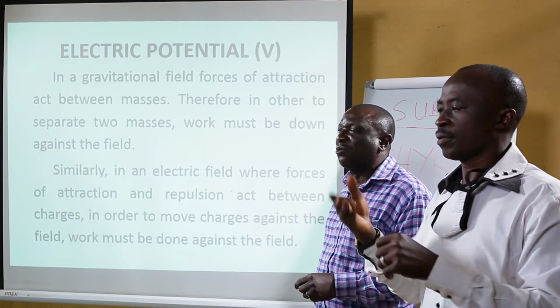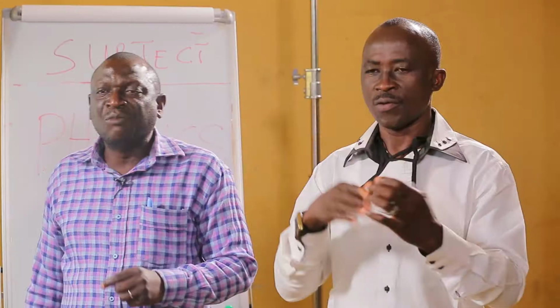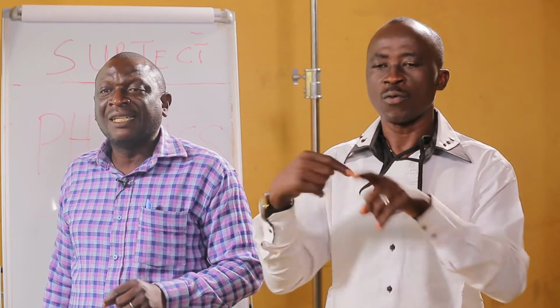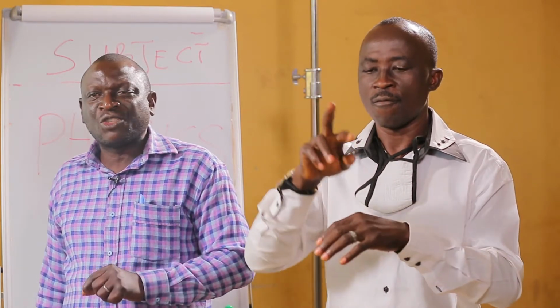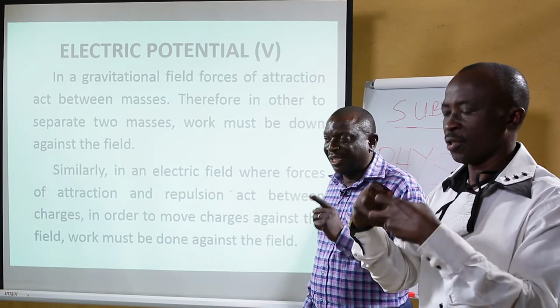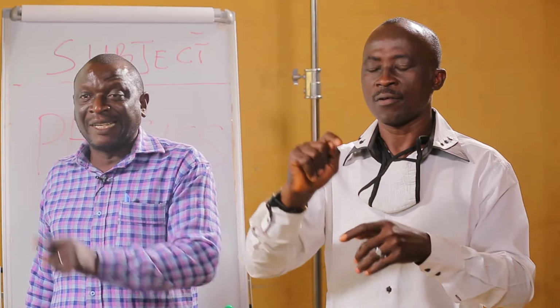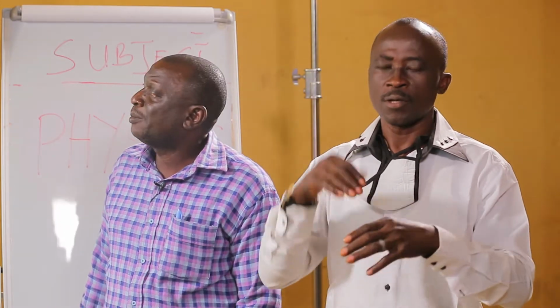Because, just like we saw in part 1, forces of repulsion or attraction act between charges, while in gravitational field, forces of attraction act between masses. In the case of electric field, we have charges.